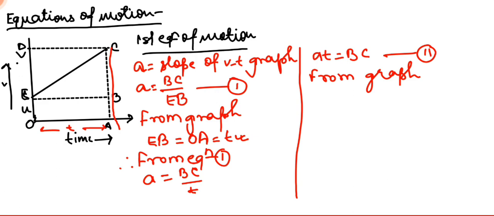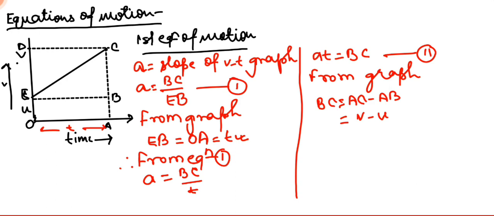Now BC is equal to AC minus AB, and we have considered over here that AC is equal to v and AB is equal to OE, which is equal to u. So this can be written as v minus u.